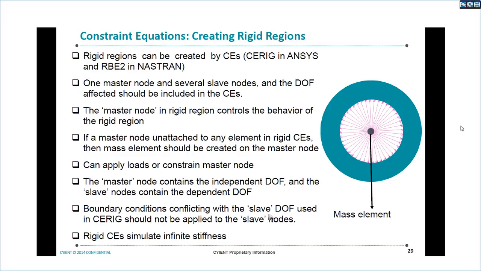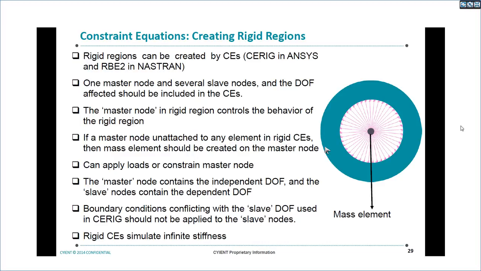Boundary conditions conflicting with slave nodes used in CERIG should not be applied to slave nodes. If you want to constrain at this location, you cannot constrain on the slave nodes. You can constrain only the mass element. CERIG simulates infinite stiffness. One of the simple examples I can tell on this rigid region: suppose I have a pipe here.